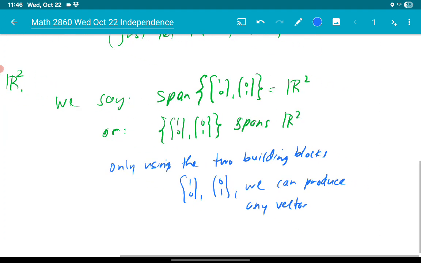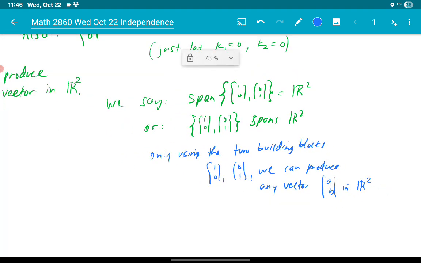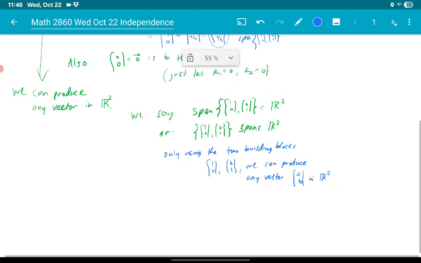Any vector, maybe (a, b), where (a, b) can be anything in R2, which is important because now we know a sort of minimal set of building blocks in order to produce R2. If I have a set with less things, it wouldn't span R2.